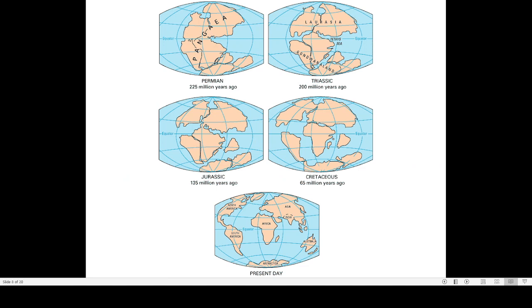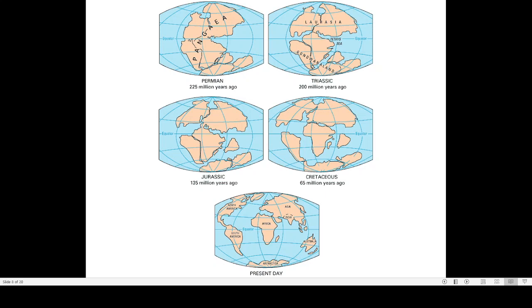So these are some of the explanations for that, and scientists have a lot of other explanations. Now what happened is that during the period called the Jurassic period, between 135 million years ago and 65 million years ago, giant animals like dinosaurs were living on the surface of the earth.